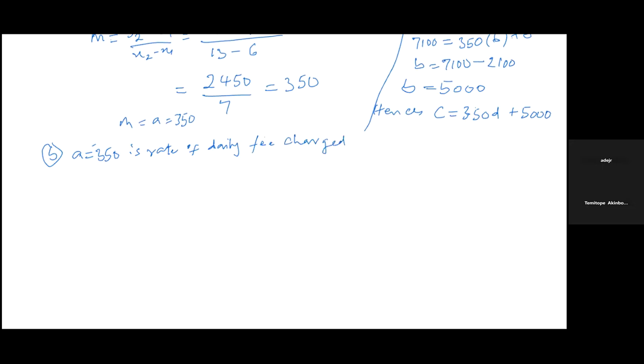And B, which is 5,000, is the flat fee charge.